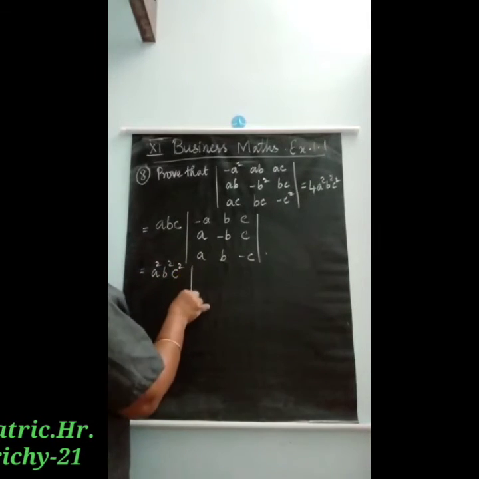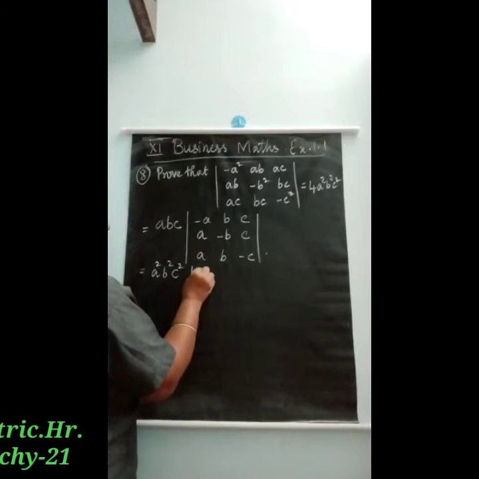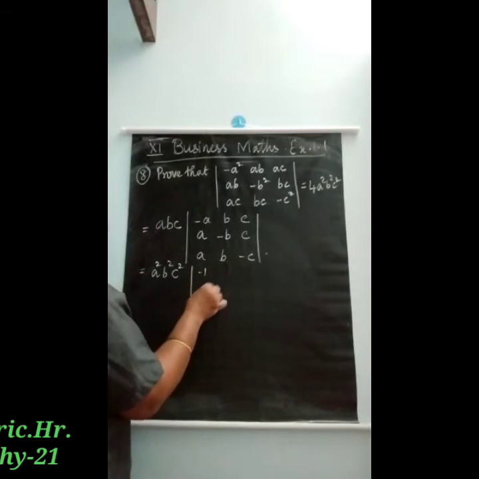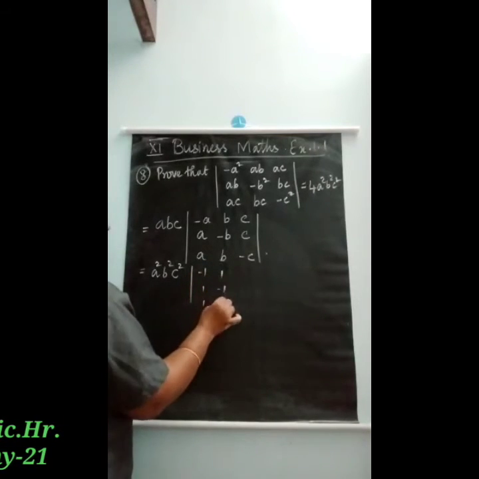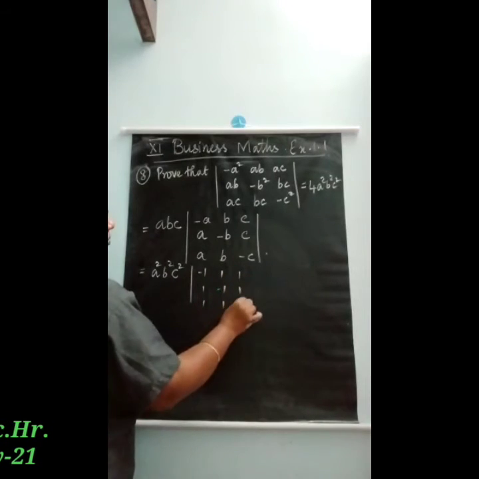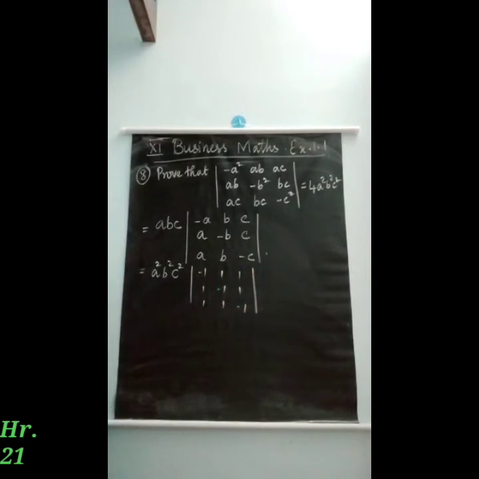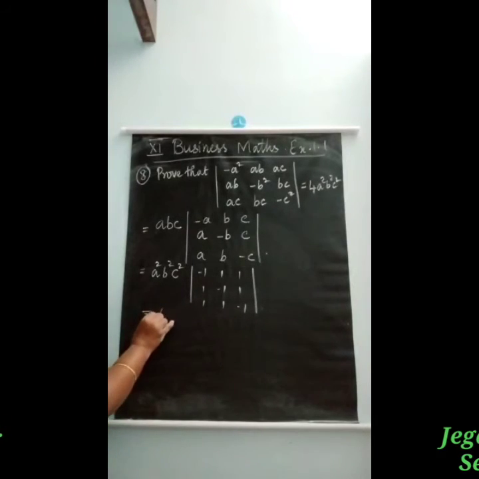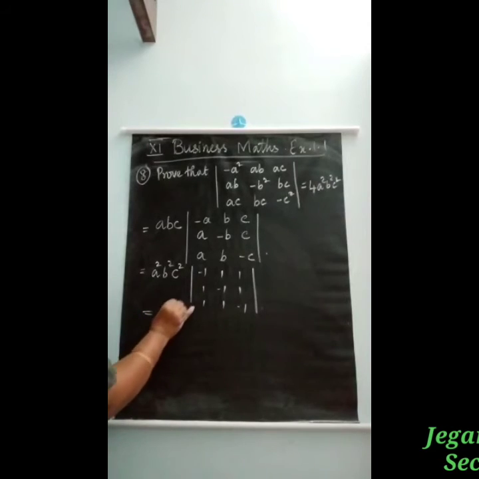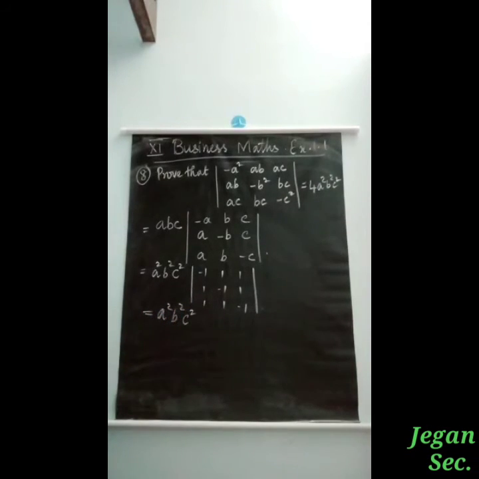Now, if we take out a, b, c, it means −1, 1, 1; 1, −1, 1; 1, 1, −1. Now, we have to take the determinant value for this determinant.